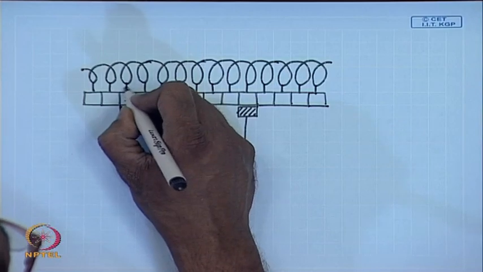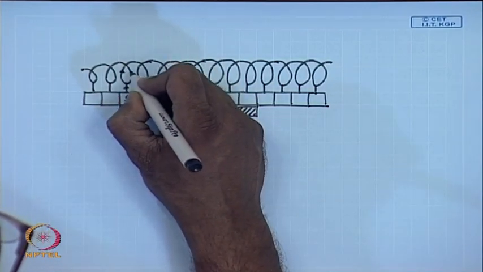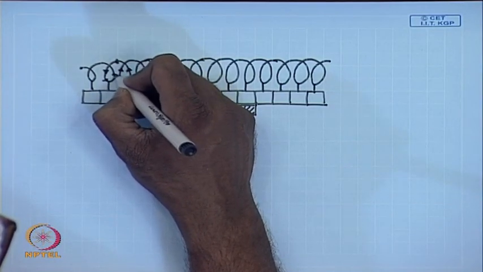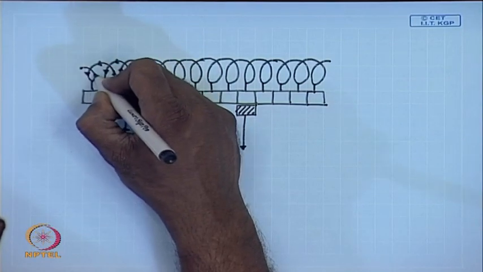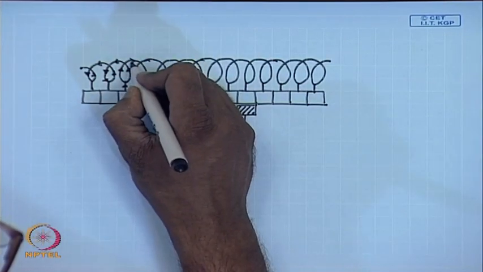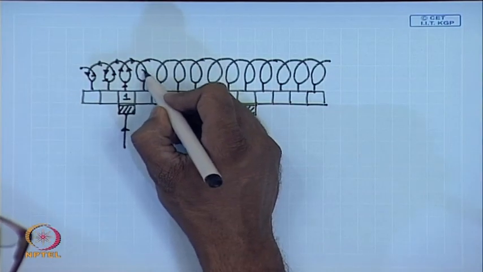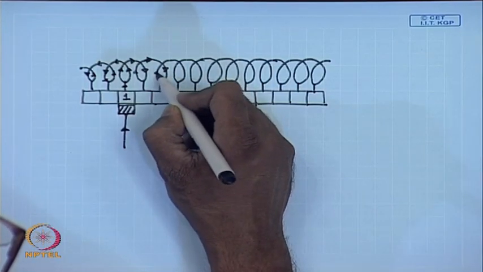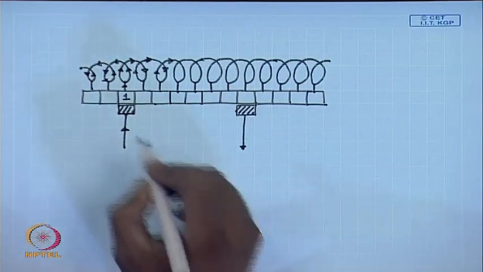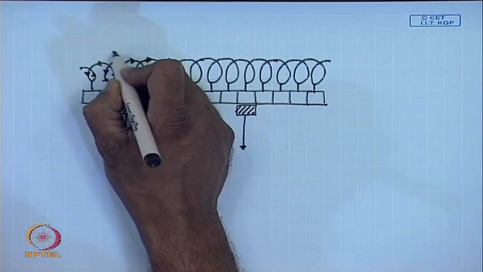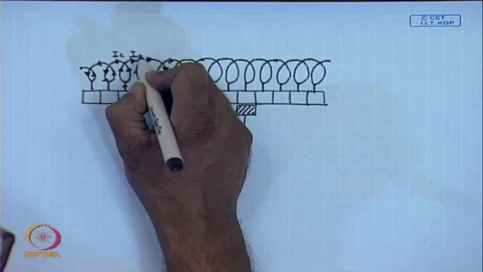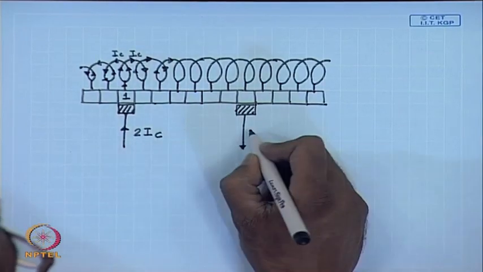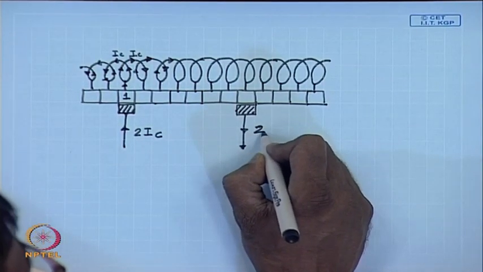So, the brush current enters into the coil, divides into two parts and flows in this manner. Let us say these individual coil currents are IC, this is IC, this is also IC. Therefore, the total brush current entering is 2 IC. Similarly, 2 IC will be flowing out here.